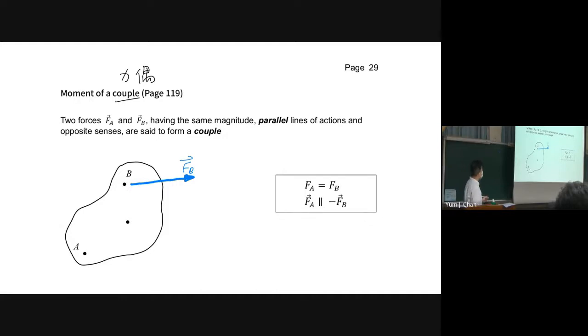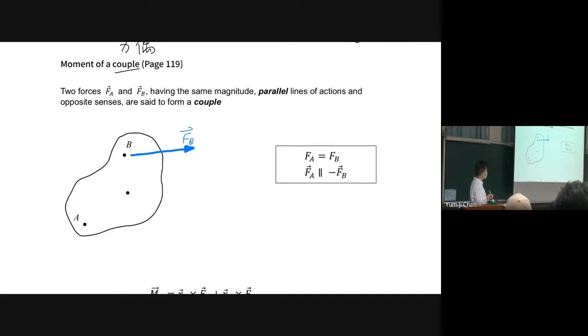So if we add a force FB, it will lead to... and the center of mass is O. Center of mass is O here. So of course we have RB here.